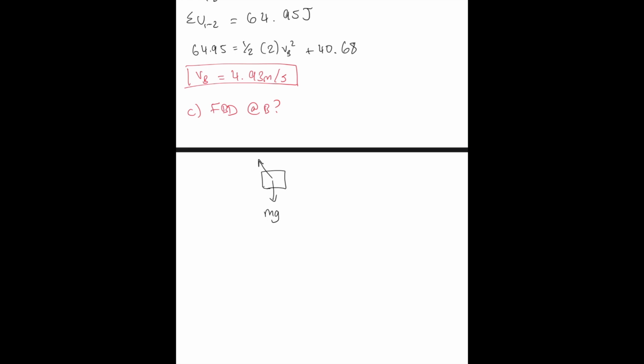This is going to be the external force, F. And we know that the spring is going to be acting this way, which is equal to the spring constant times S. And the normal force is going to be pointing this way.